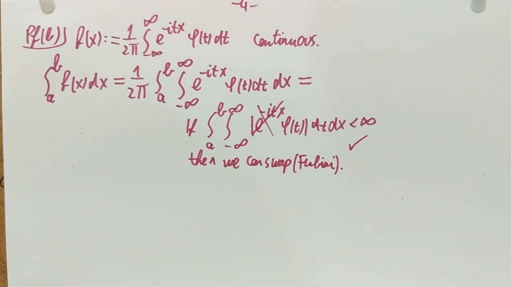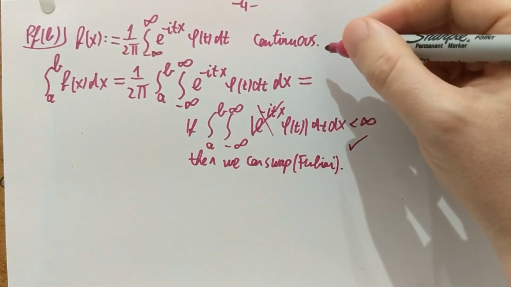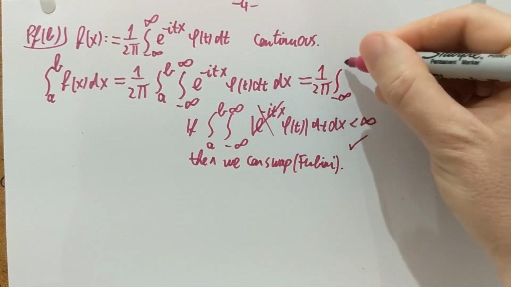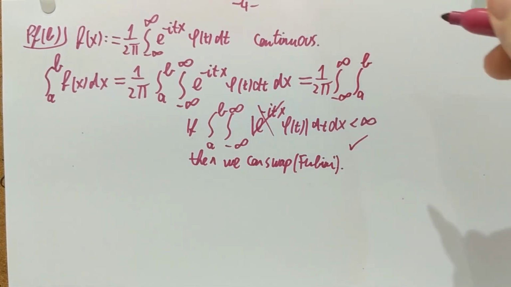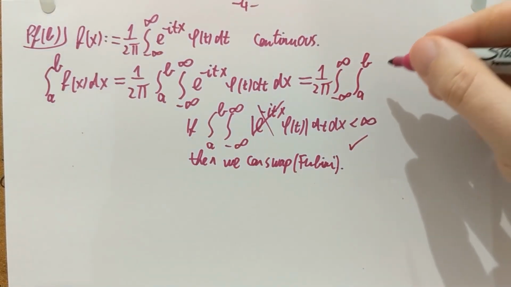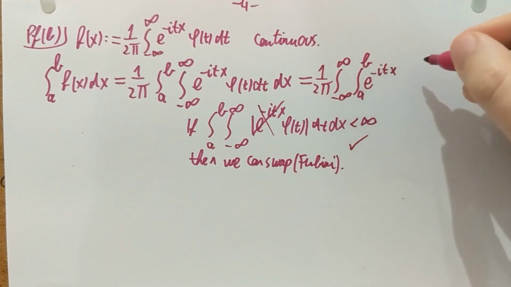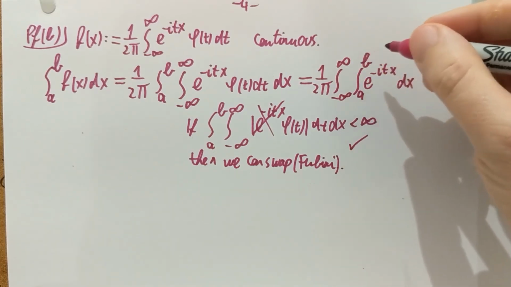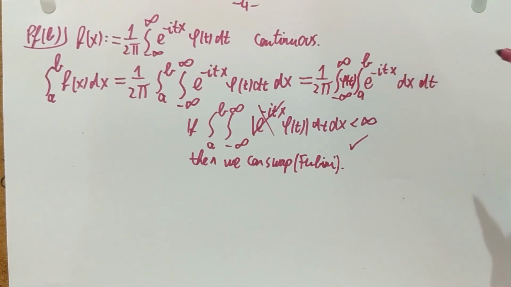Fubini allows us to swap, and if we do swap, then let's see what we get. 1 over 2 pi, integrate from minus infinity to infinity, integrate from a to b of e to the minus itx dx, and in fact I can already factor out the characteristic function in the t integration, because that doesn't depend on x.